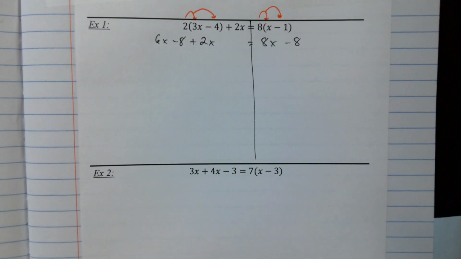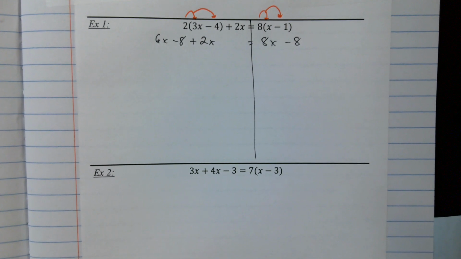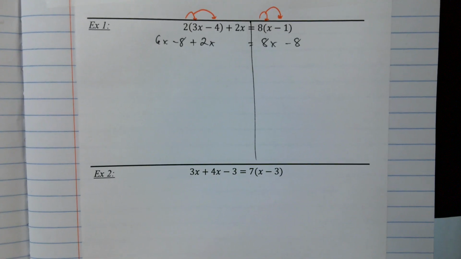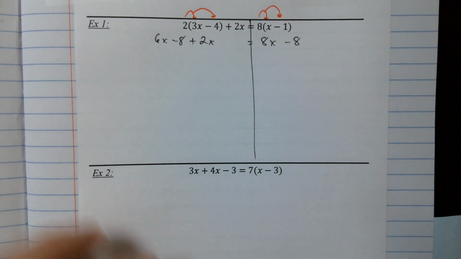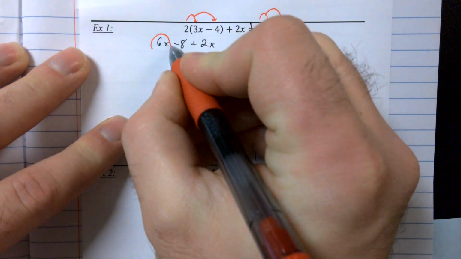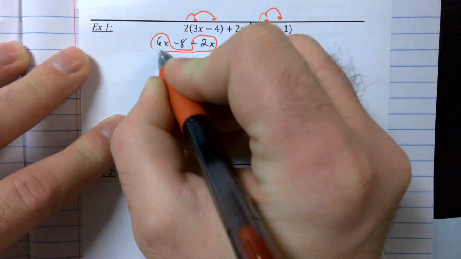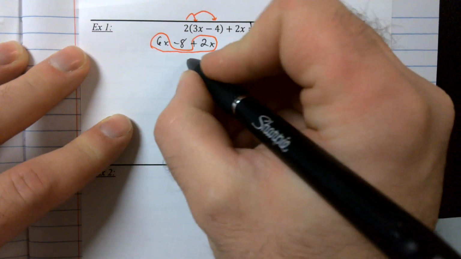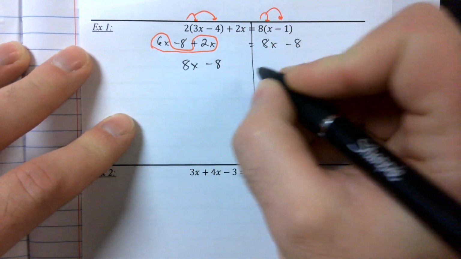Are there any like terms I can combine now? Any like terms on the same side? 6x and 2x. Perfect. We're going to combine 6x plus 2x to give me 8x minus 8.